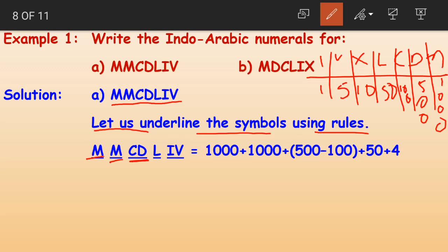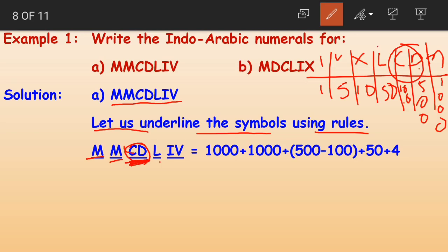Okay children? Now when I say CD here, look at this. C is the smaller number, D is the greater symbol. A smaller symbol is to the left of the greater symbol, so we have to subtract these two. So we have underlined it together as we have to subtract it.